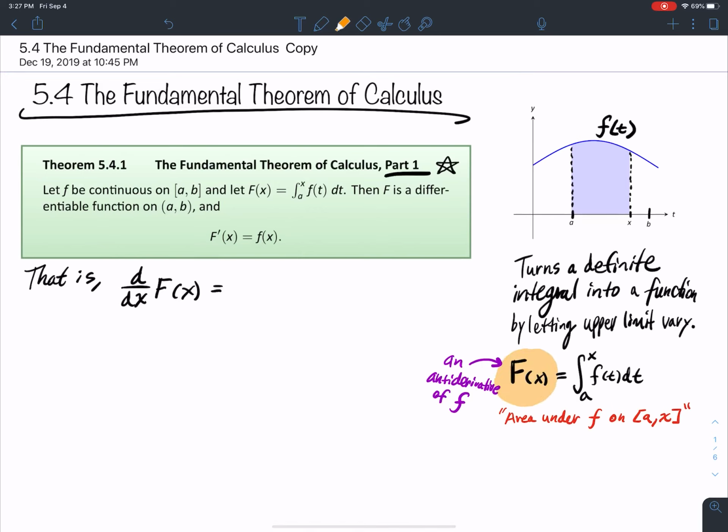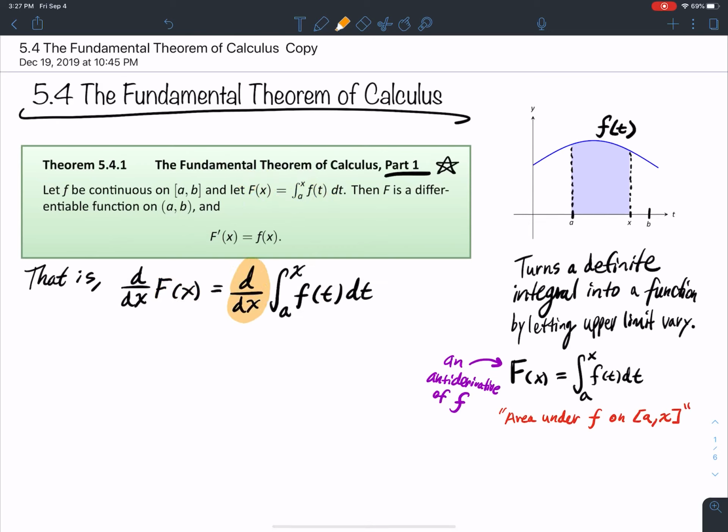I want to know, how is that area under the curve changing whenever I change that intermediate x value, right? Well, to find this, I take the derivative of this function here. That function is equal to the integral from a to x of f of t dt, right?